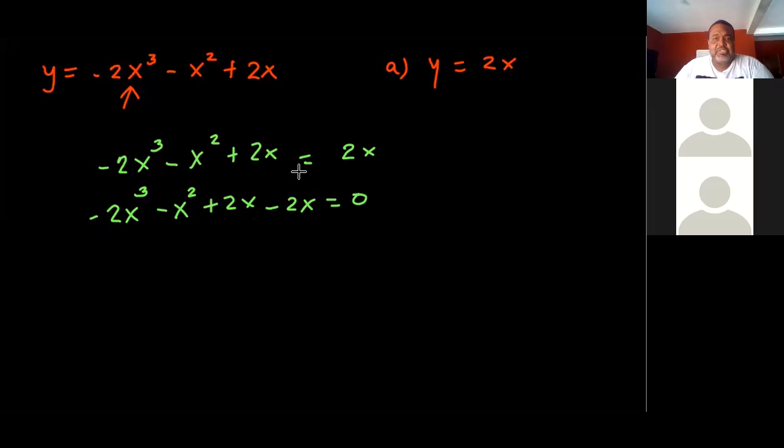So these cancel themselves out. So what I'm left with is minus 2x cubed minus x squared is equal to 0. All right, and that looks like, how on earth am I supposed to be responsible for that in high school? We don't really learn how to deal with cubic functions in high school. But pay close attention here.